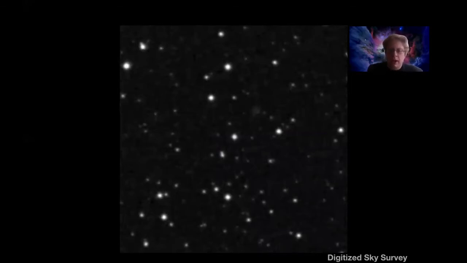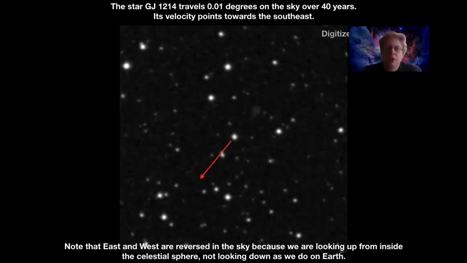So how do we take this slight change in the right ascension and the declination of this star, and convert that into a speed, or more precisely into a velocity, because we care about what direction the star is traveling? This star, which we call GJ 1214, travels about 0.01 degrees on the sky over 40 years. And the direction of its velocity is towards the southeast.